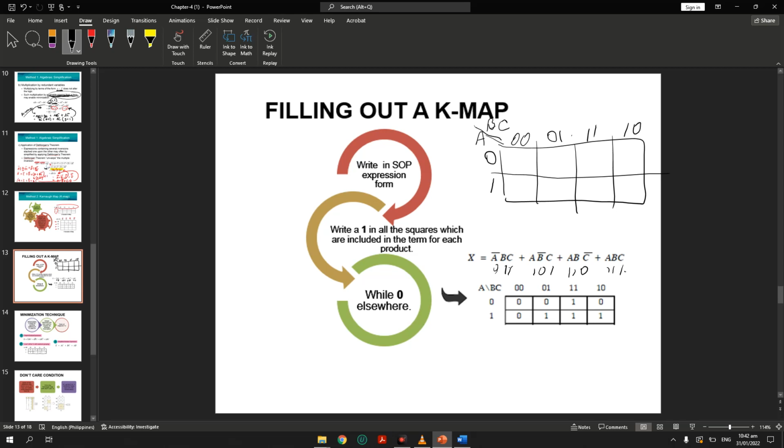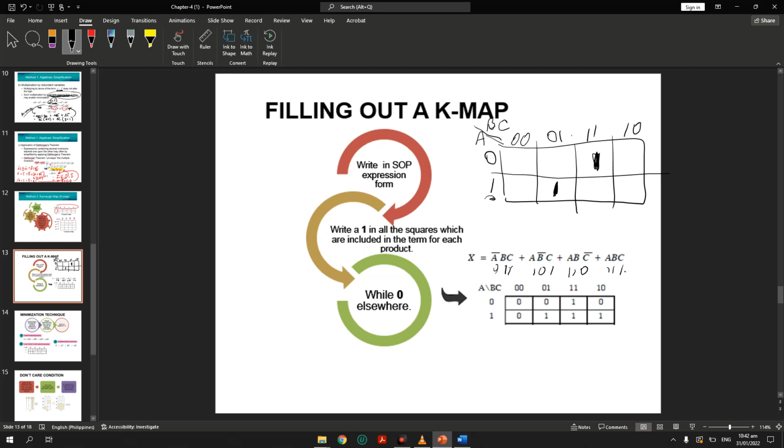So we have here 0 1 1. A is 0, B and C is 1 1. So we will write 1 here. Next, A is 1, BC is 0 1. So we have 1 here.